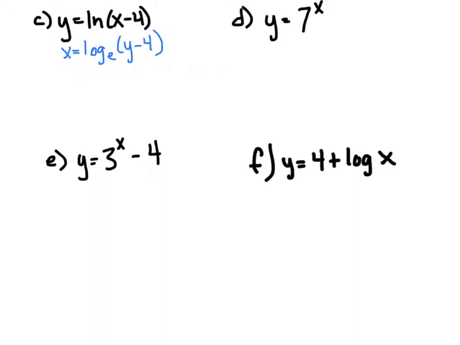Now, I'll do my loop. Look at that, the loop went backwards this time. But it's okay, as long as you start with the base of the log, go around the equal sign, and end up over here. I have e to the x equals y minus 4.